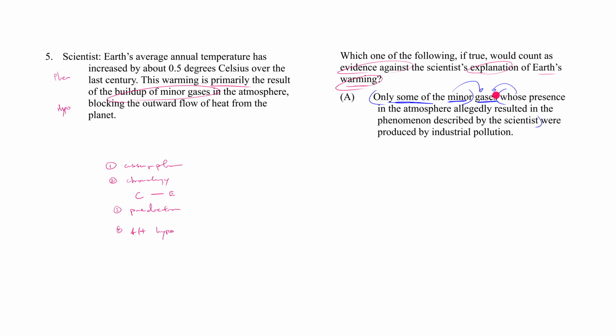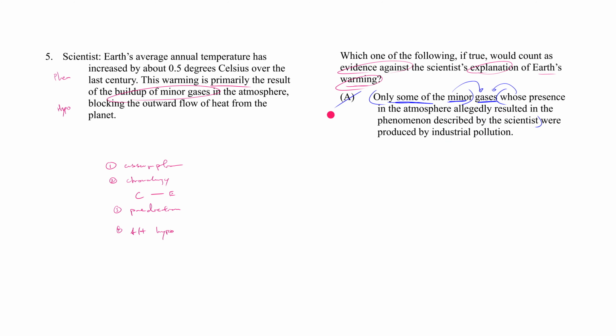In other words, we're saying whatever these minor gases that you're talking about are the ones that are being alleged to have caused the global warming, only some of those gases came from industrial pollution. Okay, that's true, right? The question stem is telling us to take every answer choice to be true. Fine, that's true. Not all of them came from industrial pollution. Only some of them did.